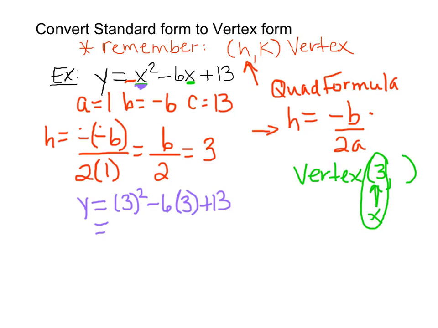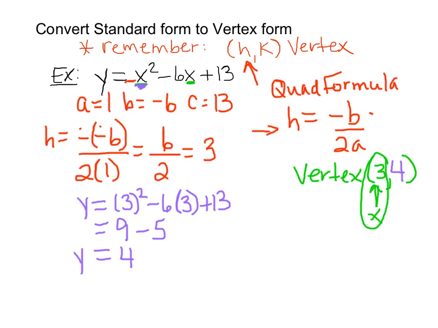Go ahead and clean it up. 3 squared is 9. And then -6 times 3 is -18, plus 13 would be -5. So what is your y value? Your y value is -5. So now I can put that in place of my k in my vertex.